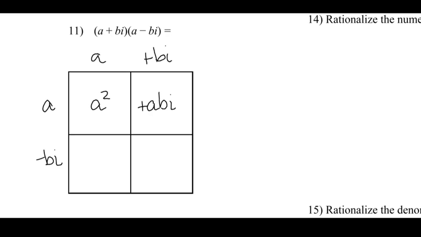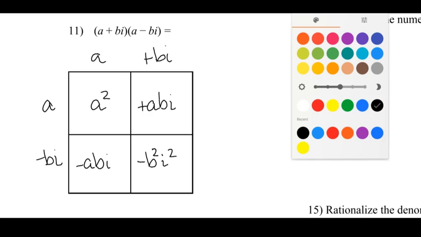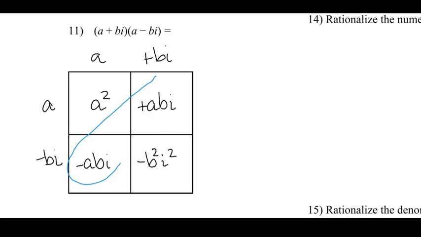Bottom left corner, a times negative b, I'm going to write it as negative ab, and then we had an i there. Bottom right corner, negative b times positive b is negative b squared, and then i times i is i squared. So notice the same thing happened here. These two terms in the middle are like terms, and when you add them, you will get 0.